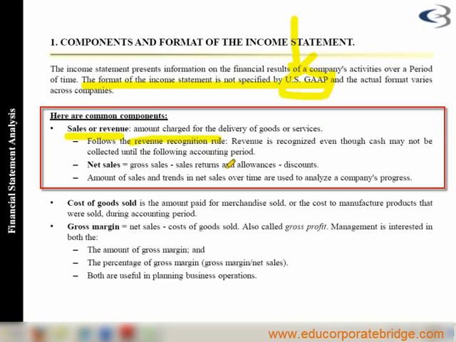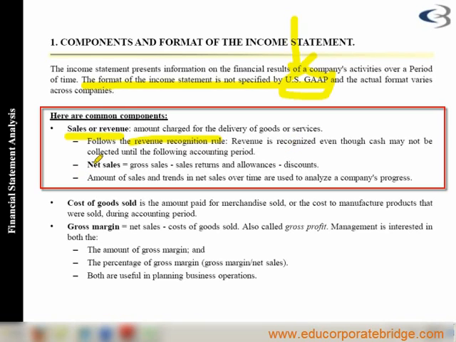So cash collection is not important. More important is surely the accrual of services, that is, you provided services or goods have been sold. So if that has been done, we have to book our revenue.